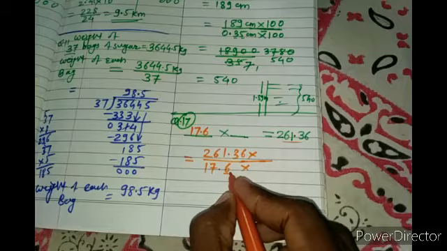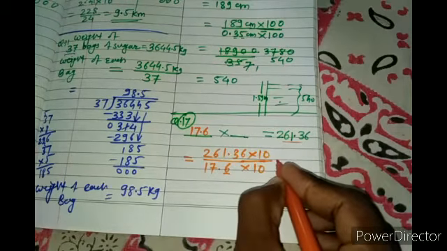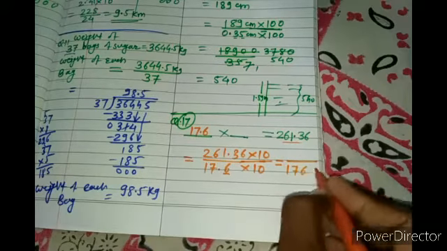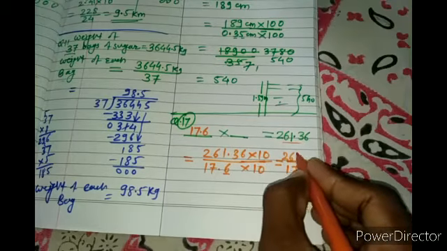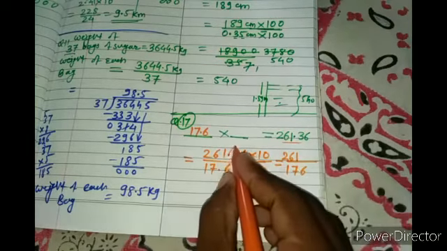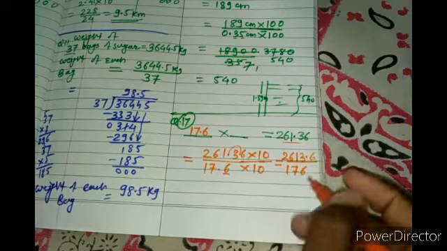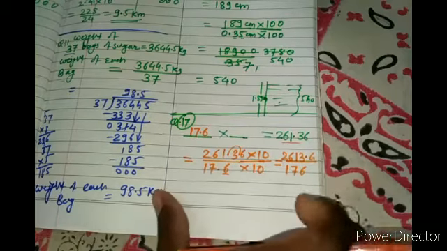Because there is one digit after the decimal point. So here is 10, here is 10. What is the effect of that? I will get 176, and here 2613.6, as the point shifts towards the right. Now I will do the division, right? You all know this division. Let's do this division.